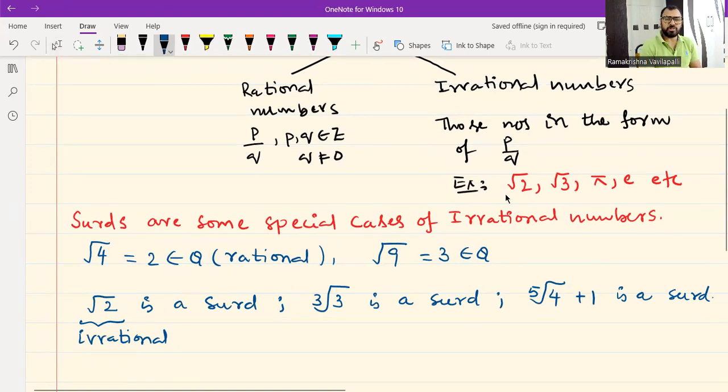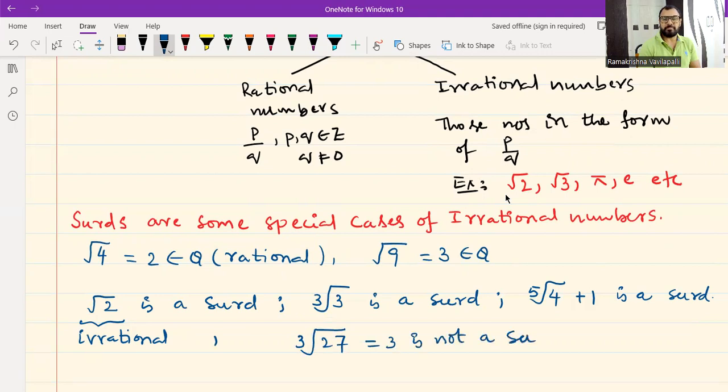Here root 4 equal to 2 is not a surd. Root 9 equal to 3 is not a surd. Or even cube root of 27, which we get as 3, is not a surd. It is a rational number.